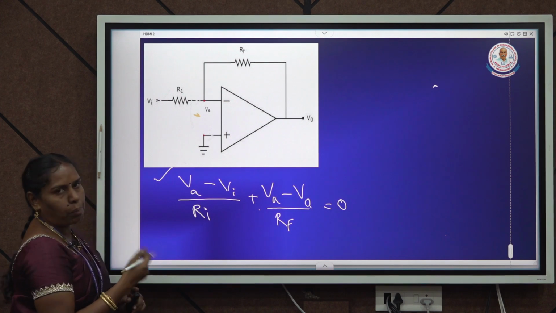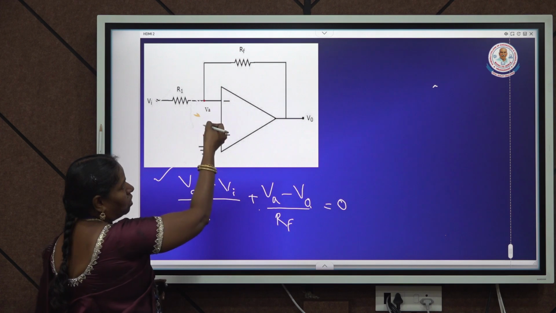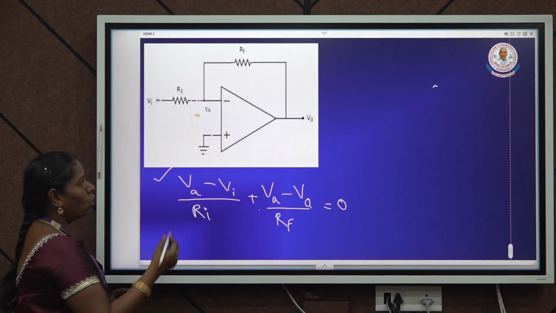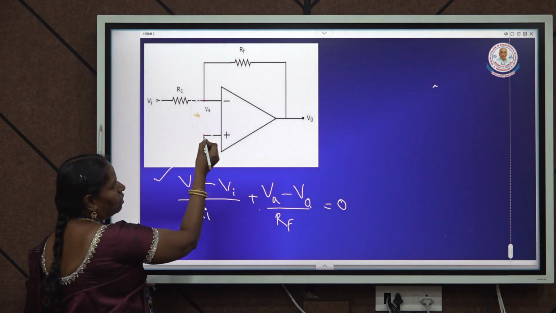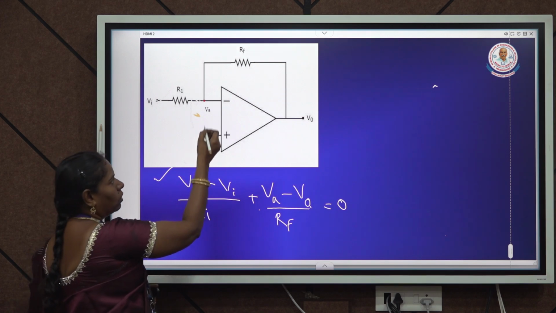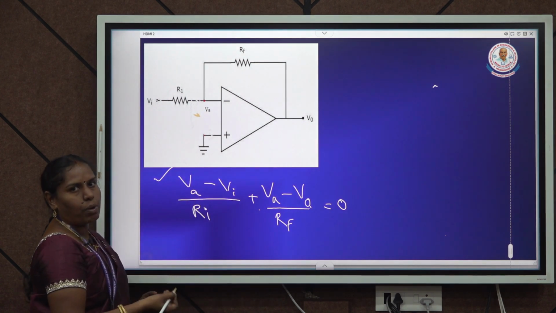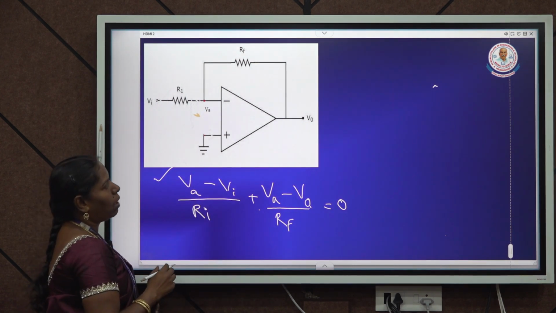Now we apply the golden rule that the potential difference across the operational amplifier input is 0. Here the plus terminal is grounded, which means its potential is 0. Then the potential at the point VA is also equal to 0 by the rules of operational amplifiers.